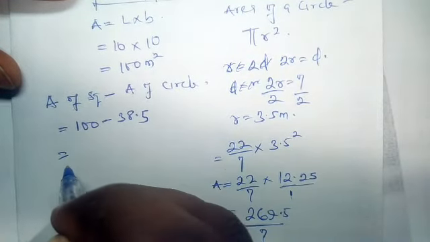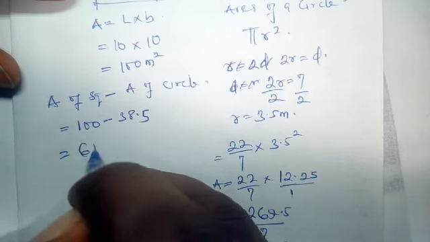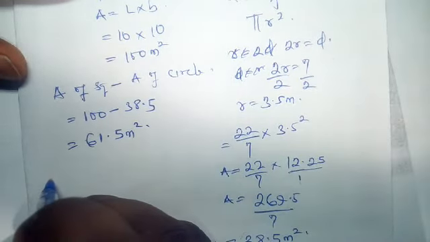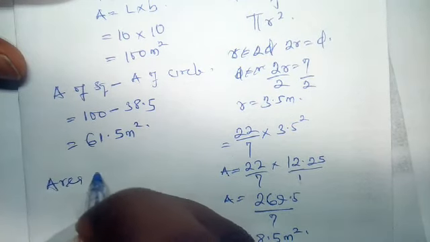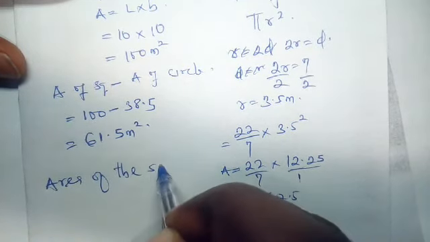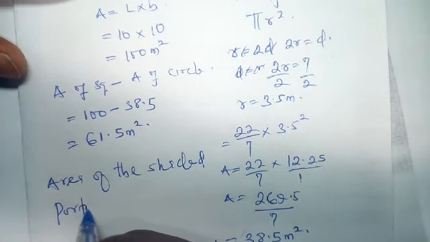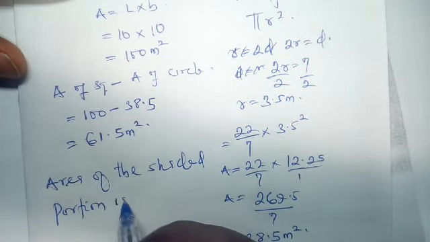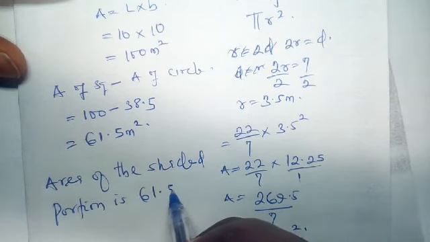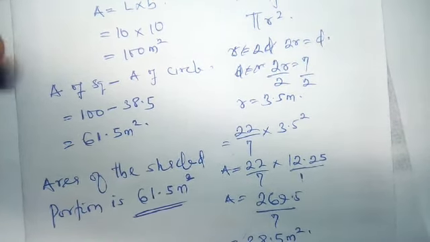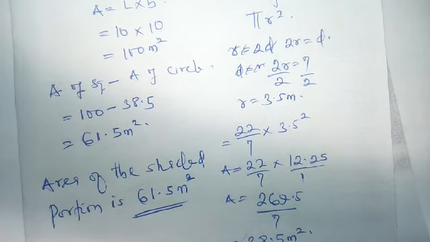So when we subtract this, we'll be having 61.5 meters squared. So the area of the shaded portion is 61.5 meters squared.